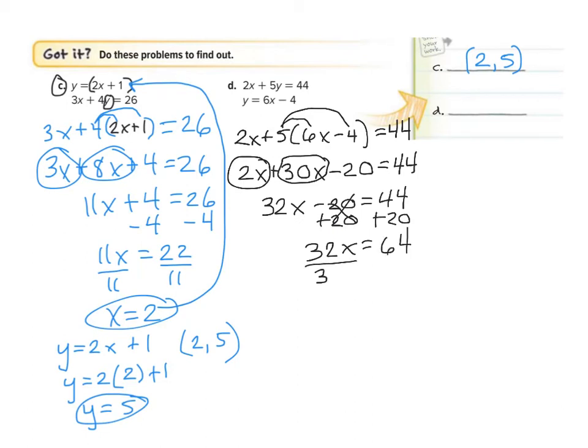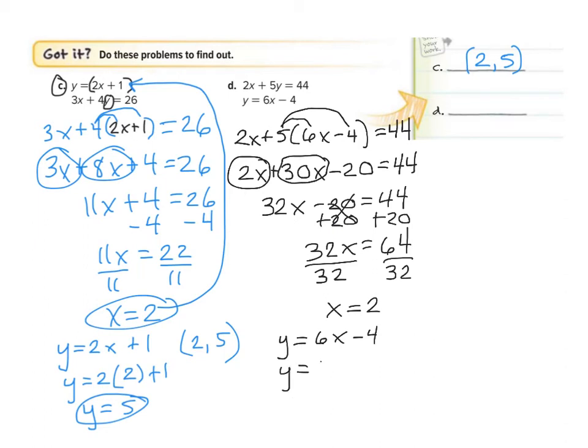Divide both sides by 32. 32x divided by 32 is just x. 64 divided by 32 is 2. So when x equals 2, we have to figure out what y is. So substitute in 2 for x into the y equals 6x minus 4 equation.